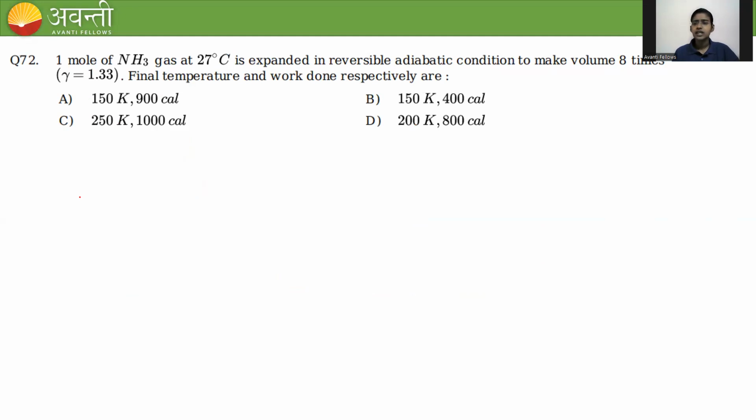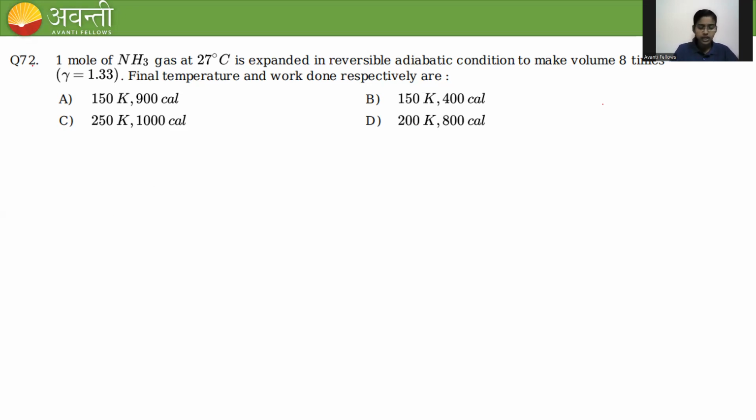1 mole of NH3 gas at 27 degrees Celsius is expanded in reversible adiabatic condition to make the volume 8 times, and the final temperature and work done respectively are, gamma is given as 1.33. We have to find out the final temperature T2 and the work done.